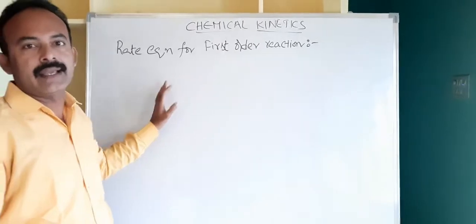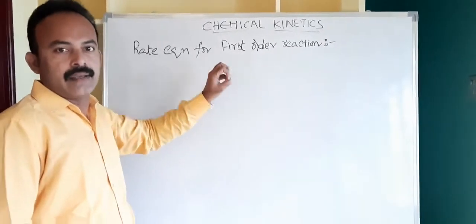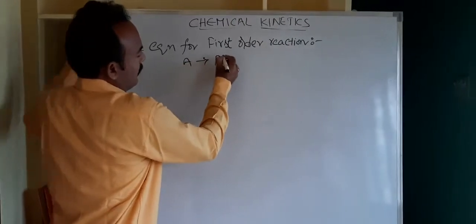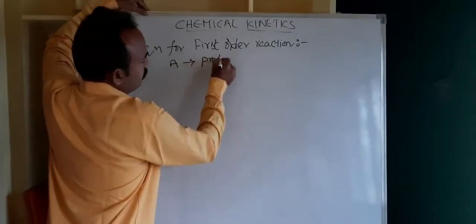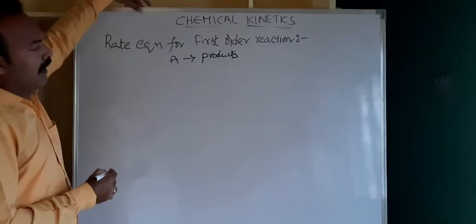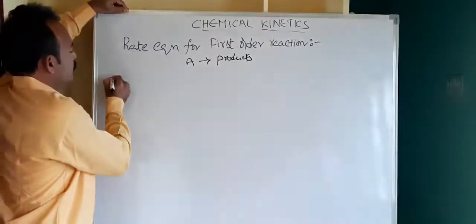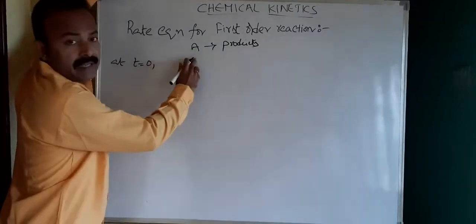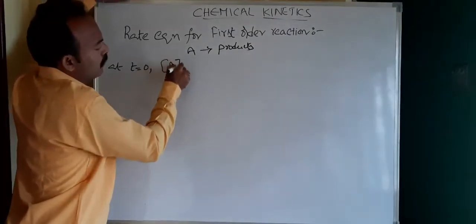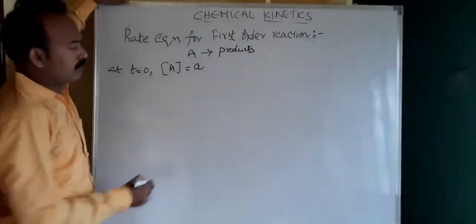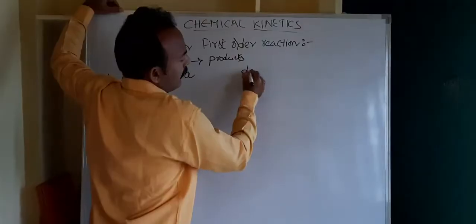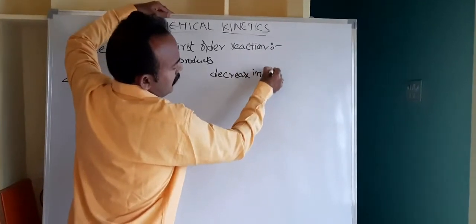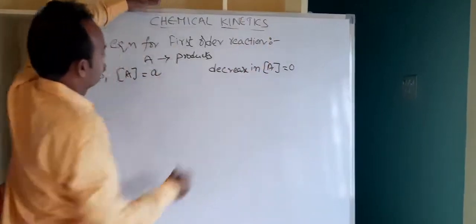We take A gives products. This is a first order reaction. At time t is equal to 0, concentration of reactant A is equal to a, so decrease in concentration of A is equal to 0.